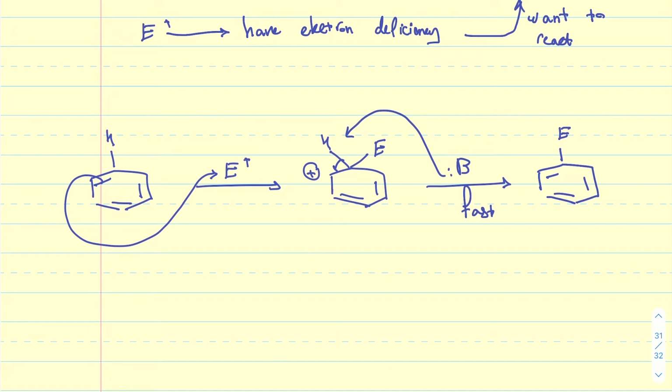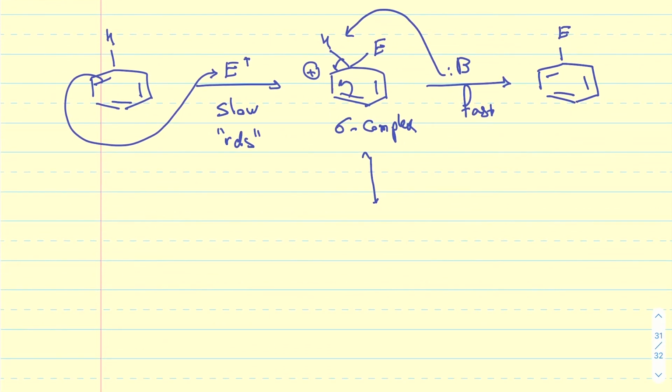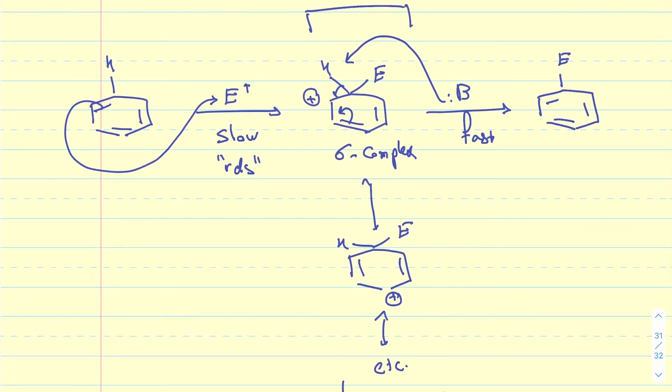There's not much hurdle. But in the first step where the electrophile is being added, you're disrupting the aromaticity, so this is the rate determining step of the reaction. Also, we call this a sigma complex, or intermediate, and it has several resonance structures. The stability of these resonance structures oftentimes affects how well a reaction is going to go and how fast it is going to react, and so on and so forth.